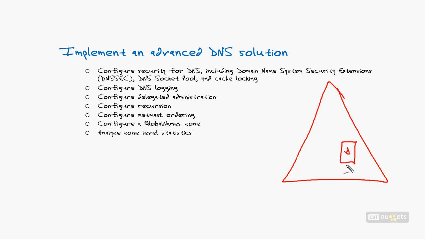This is my internal DNS server, and I also have an external DNS server. Here's one that's sitting in a DMZ somewhere. My internal server is responsible for company.pri, so the inside zone. But the external server is responsible for the URL and the domain that the rest of the internet sees, company.com.